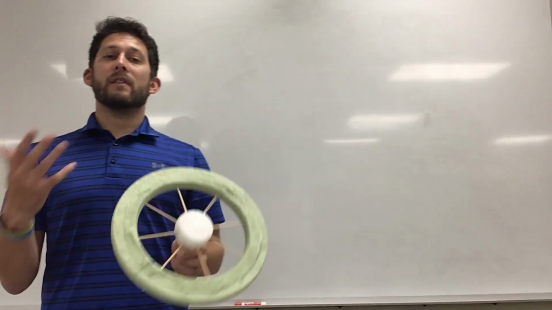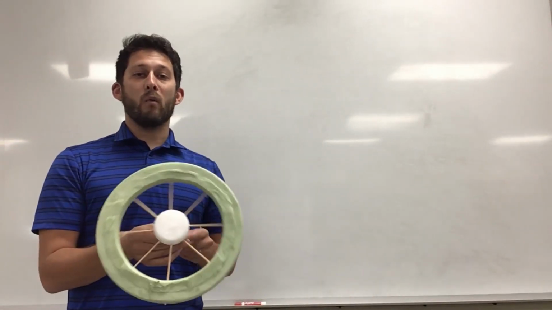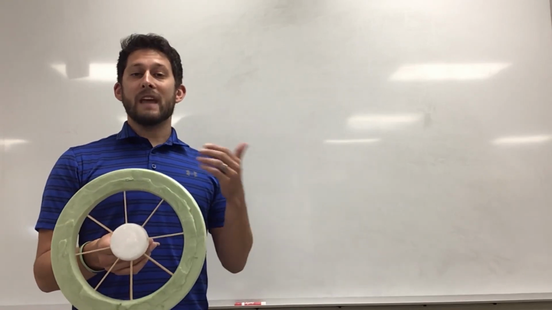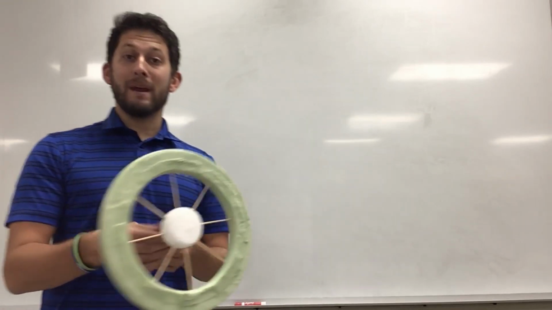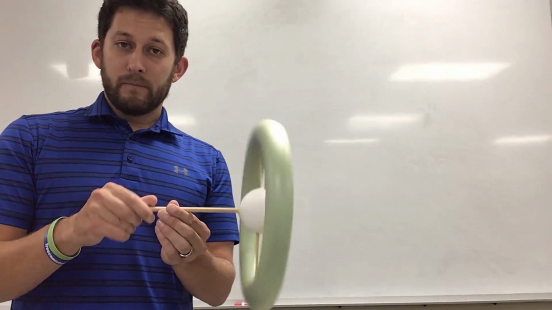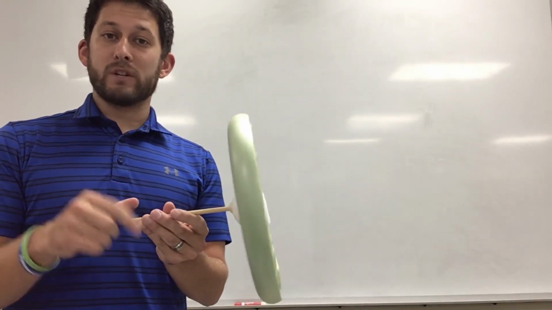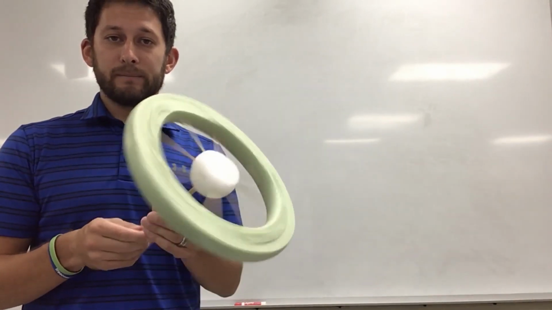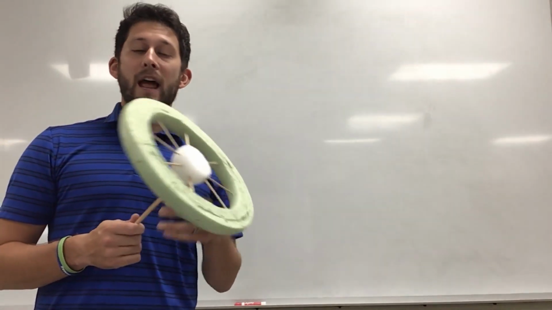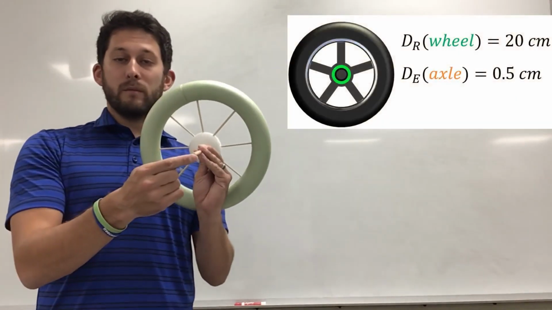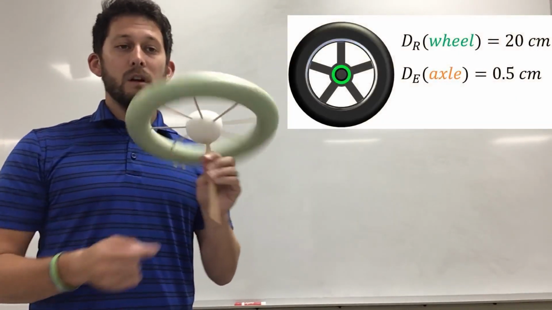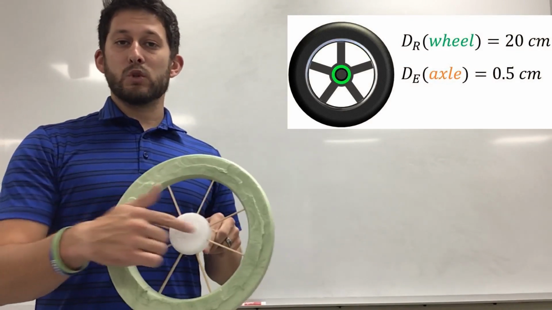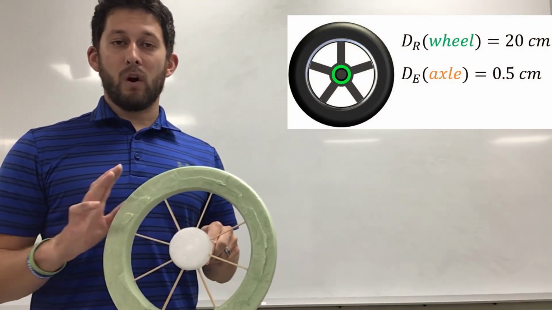Let's say there's a problem that's telling you to figure out what your IMA is if the axle is driving the wheel, meaning my effort force is turning the axle, which in turn turns that wheel. So we have our effort distance, which is 0.5 centimeters for our axle. Our resistance distance is 20 centimeters, or the radius of our wheel.